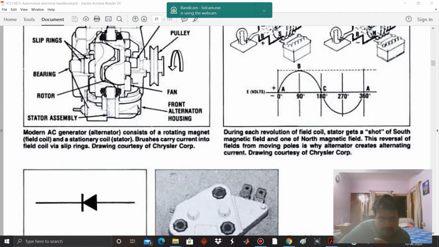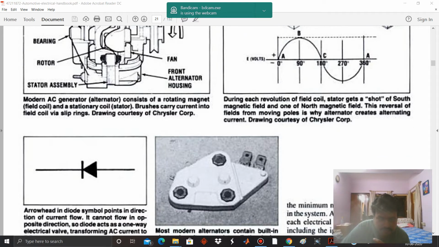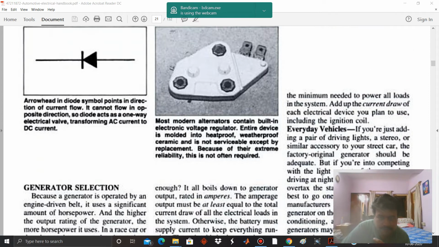During each revolution of the field coil, the stator gets a shot of the south magnetic field and one of the north magnetic field. This reversal of the fields moving from poles is why the alternator creates an alternating current. So this is the basic principle of an alternator.